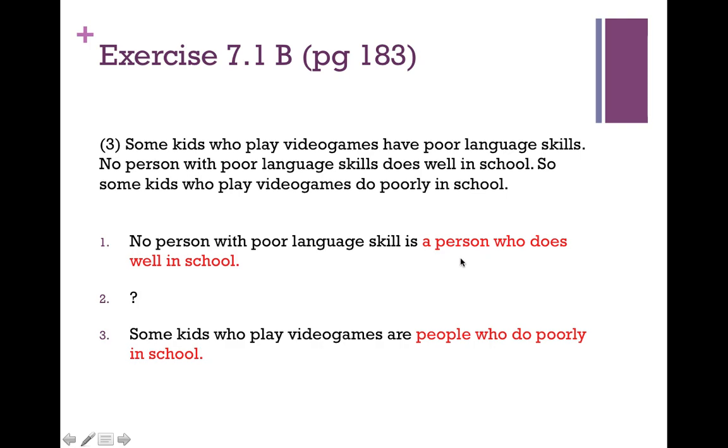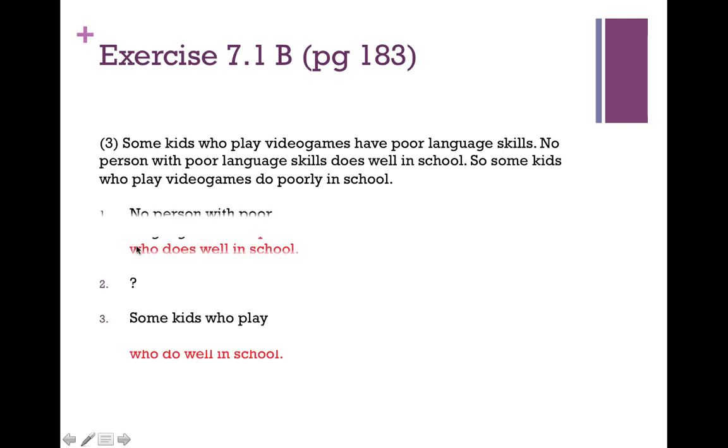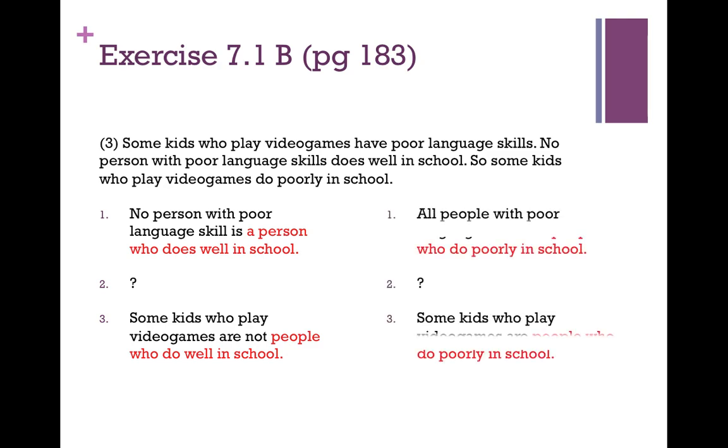The complement of a person who does well is a person who does poorly. Sorry, I got this in reverse order, so let's skip over here. All people with poor language skills are people who do poorly in school. This would be the obverse of this proposition right here.